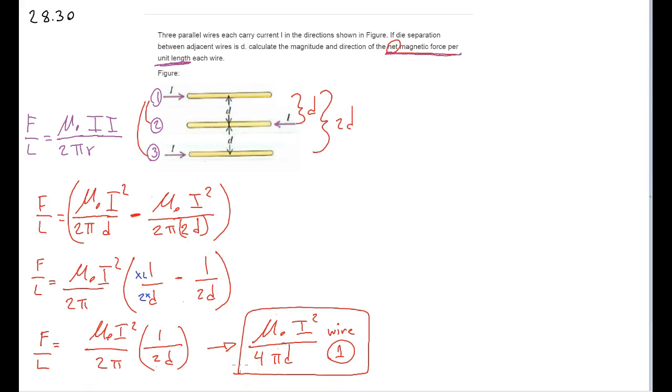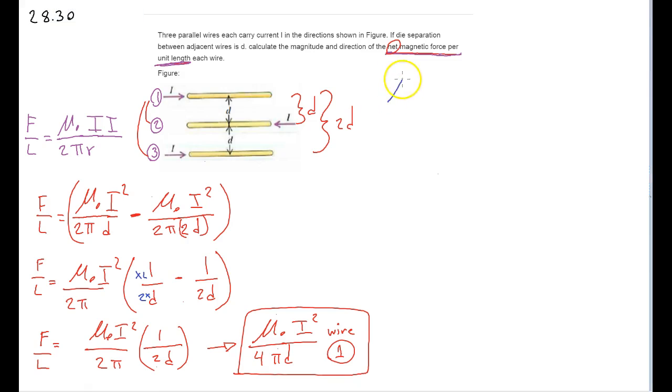Now for wire 2, it's the same thing. Wire 2 force per length. Let's use a different color because we might get confused. This is blue.